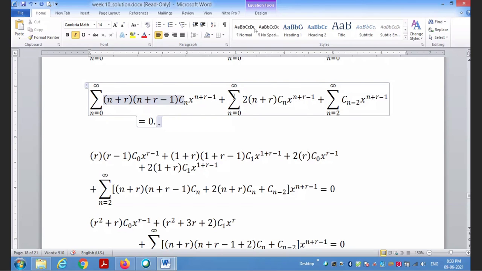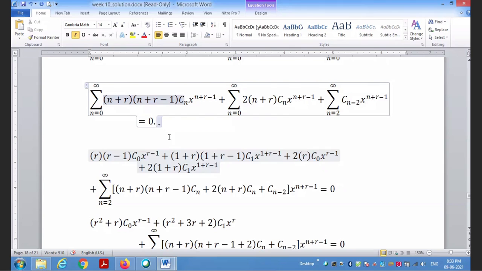And then this one, I make it, I simplify the work. So now we replace n with 0 here. So we have 0 plus r is 2r, and c0, and then x to the r minus 1, and then now start with 1, replace with 1. We have plus 2, 1 plus r, c1, x to the 1 plus r minus 1.